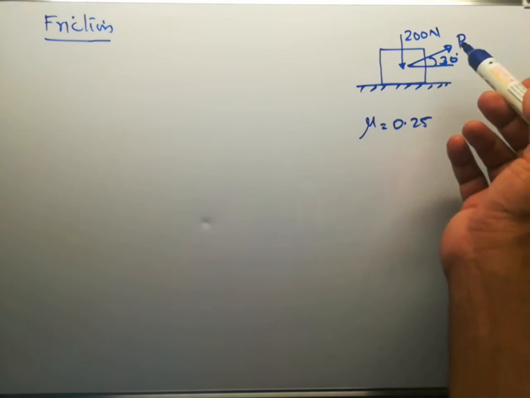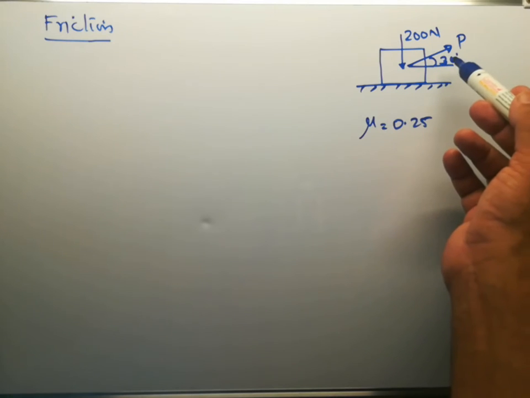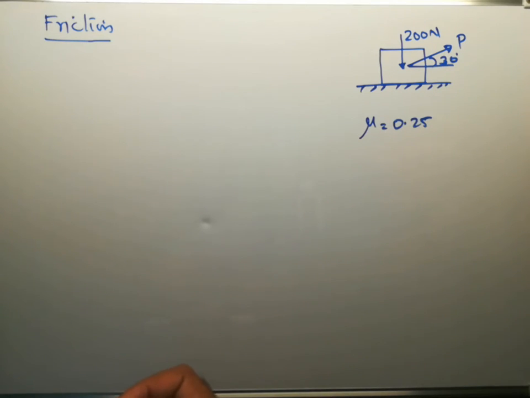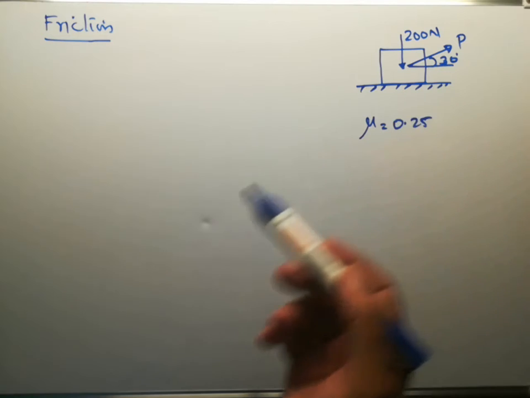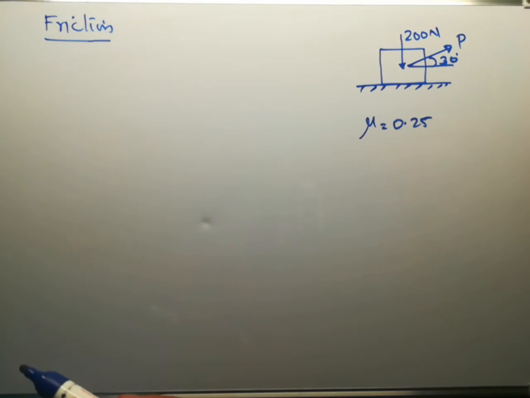So this force P is at an angle of 30 degree with the horizontal. We need to find the force P just to move the block. That means limiting friction is coming in between the contact surfaces.